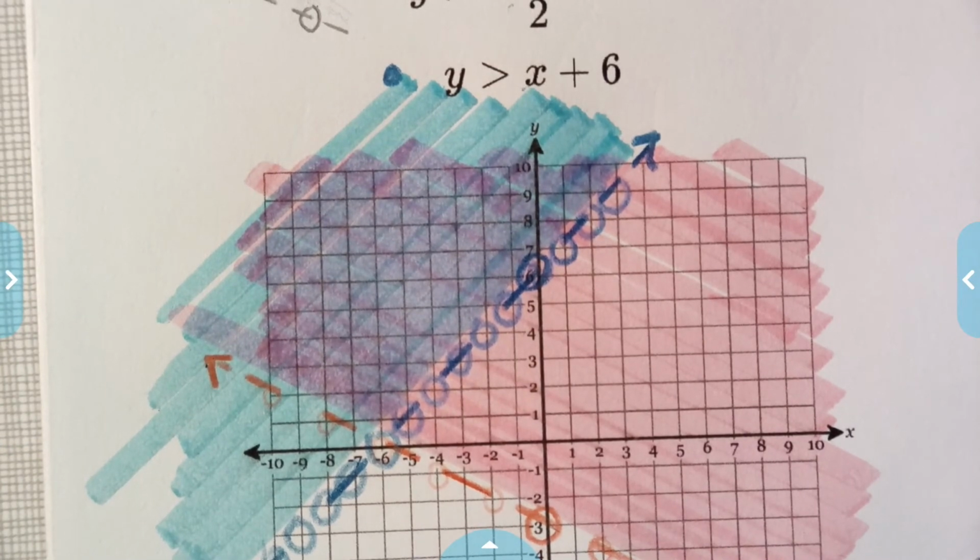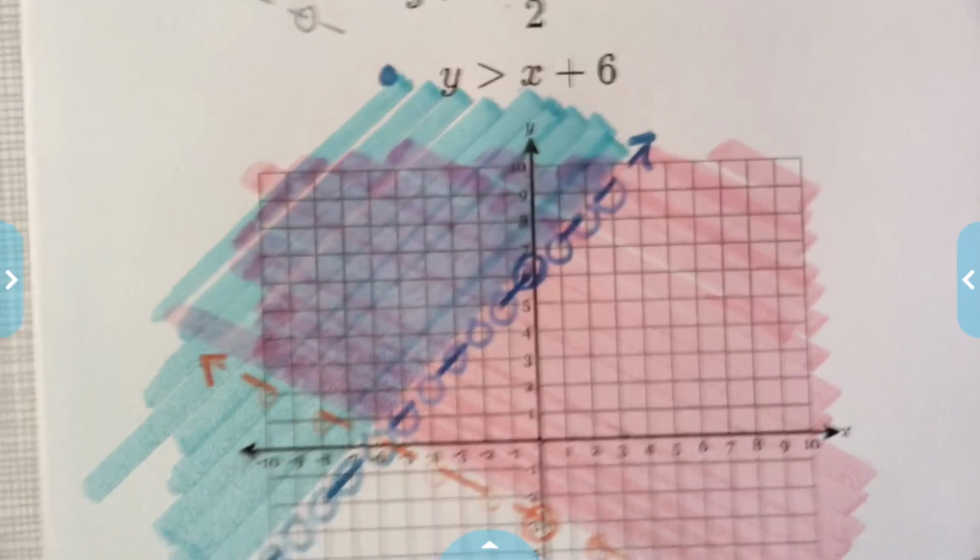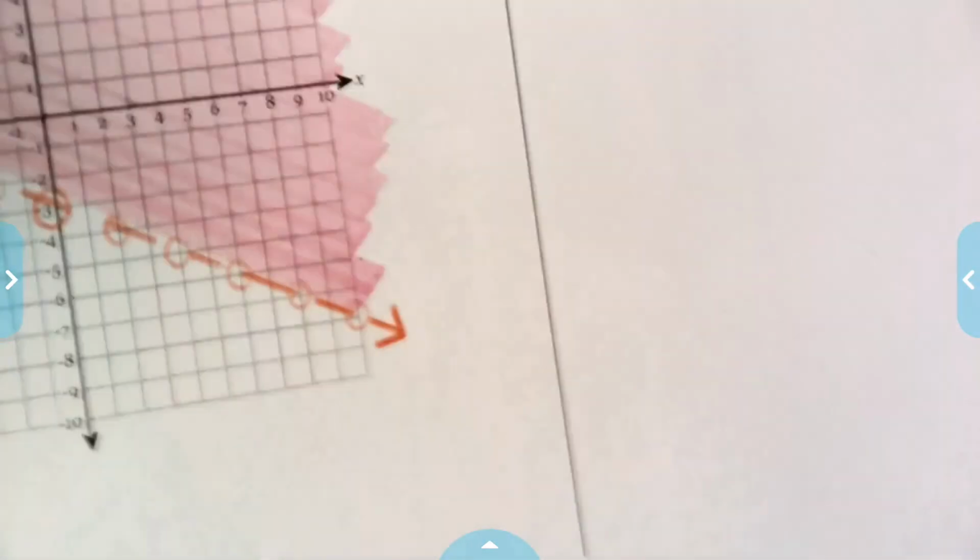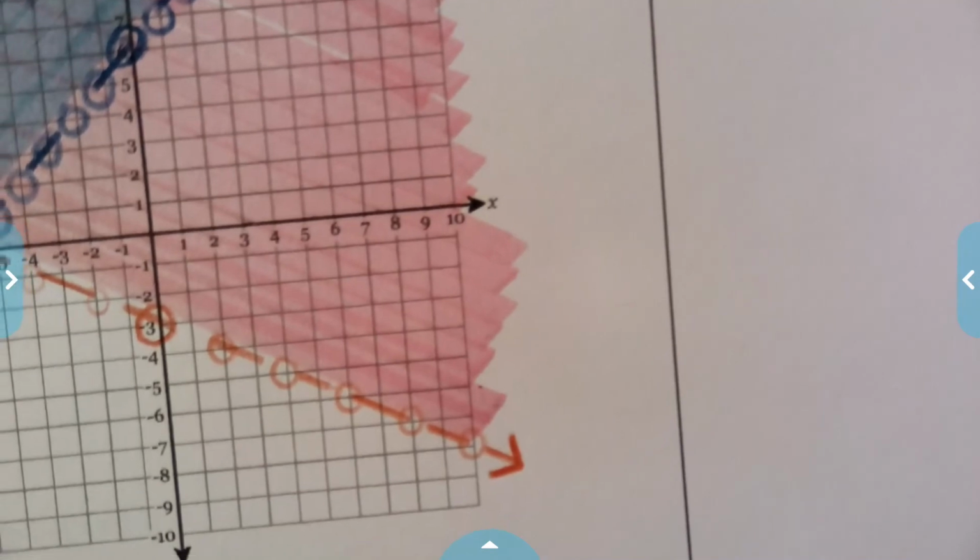Okay, just in case that's not super clear, I'm going to outline it in Sharpie, but I don't want to mess up. I don't want it to bleed through onto something important.